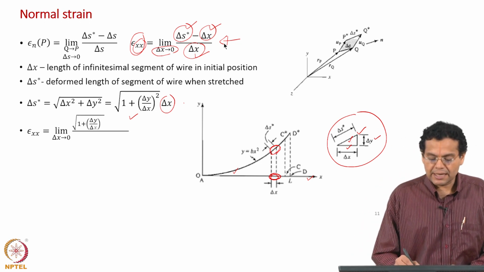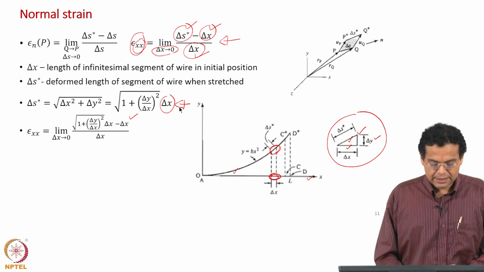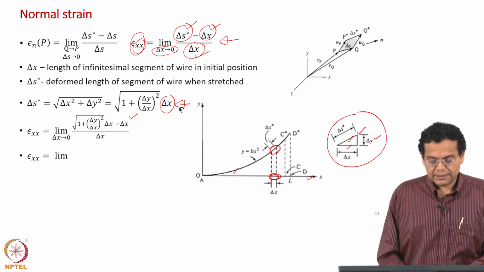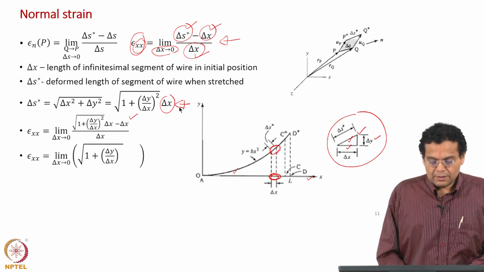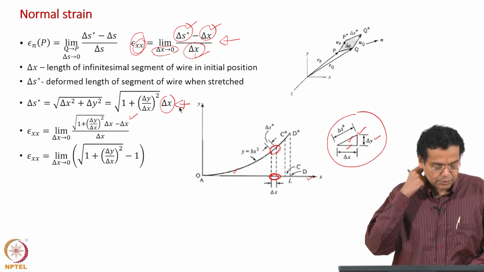Instead of delta s star, I substitute this expression minus delta x by delta x, you can cancel out delta x, and that leaves us limit delta x tending to 0 and then minus 1, because delta x can be cancelled out.